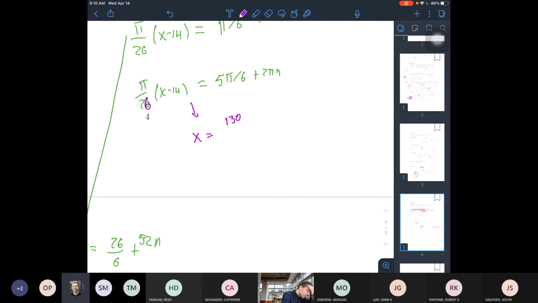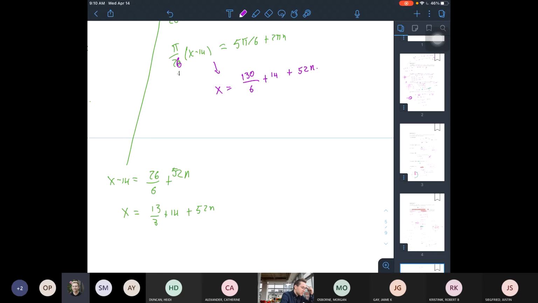Yeah, I think so. So then we would divide that by 6, and then we would add 14, and then we would add 52n.